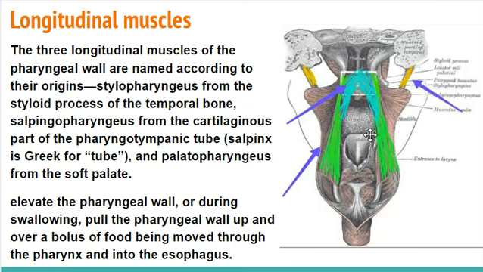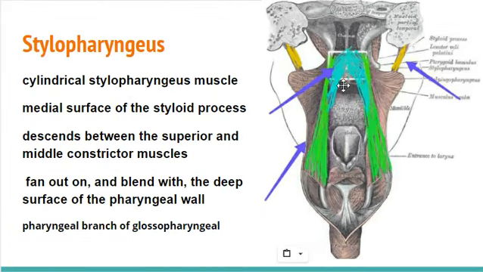When the longitudinal muscles contract, they pull up the pharyngeal wall. Now starting with our first longitudinal muscle, the stylopharyngeus. It originates from the medial surface of the styloid process and descends between the superior and the middle constrictor to fan out and blend with the deep surface of the pharyngeal wall.